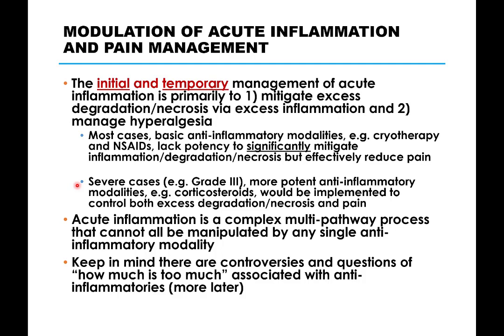Now keep in mind, during a grade 3 strain, since inflammation is usually extreme, the controlled use of corticosteroids would not necessarily compromise regeneration. However, overuse of corticosteroids during a grade 3 strain situation can indeed negatively affect the quality of healing because there could be too much inhibition of the necessary inflammatory processes leading up to regeneration.